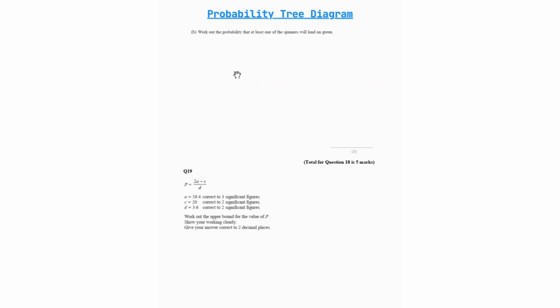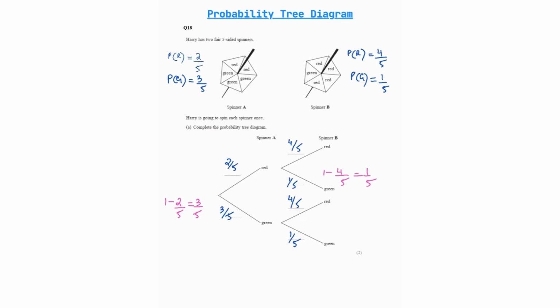Now, if you go to part B, it says work out the probability that at least one of the spinners will land on green, which is coincidentally what I was saying. The probability of landing on green at least once. So that's this and this in the first branch, and then this and this and this as well, because we're landing on green at least once over here as well.